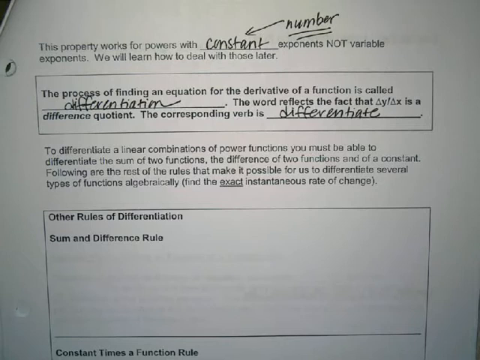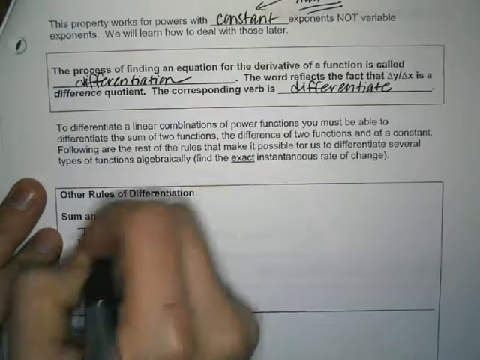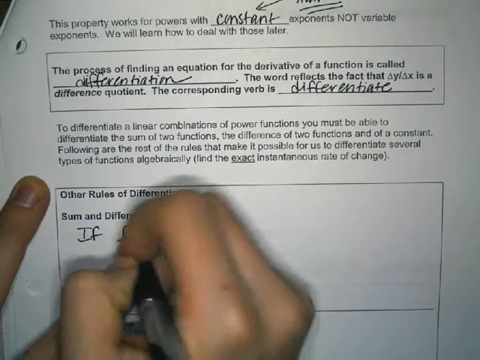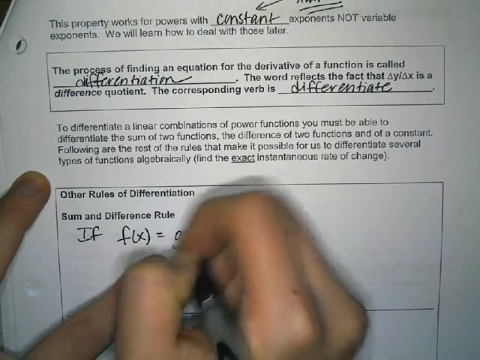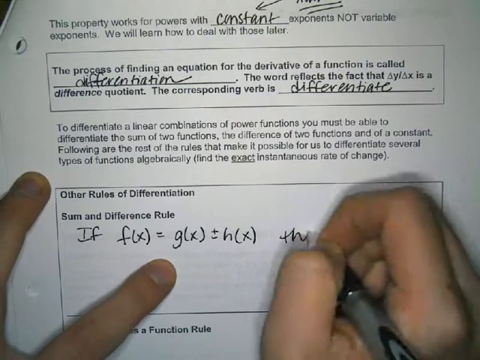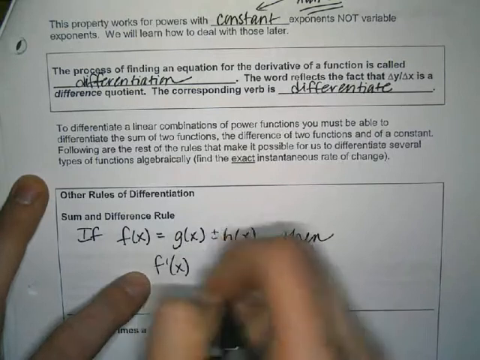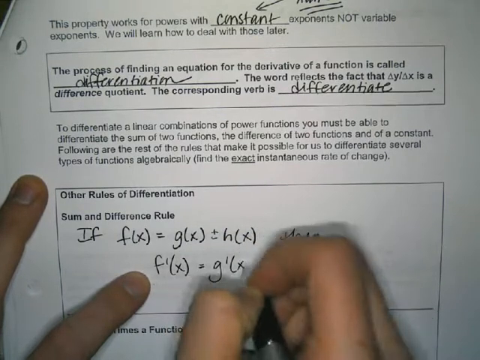Following are the rest of the rules that make it possible for us to differentiate several types of functions algebraically, which is to find the exact instantaneous rate of change, not the estimate any longer. Okay? So the first one, sum and difference rule. If f of x equals g of x plus or minus h of x, then f prime of x is equal to g prime of x plus or minus h prime of x.